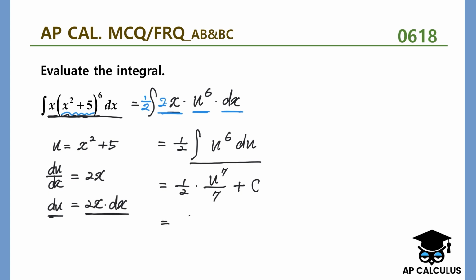So that is equal to 1 over 14. U was originally x squared plus 5. So substitute x squared plus 5 for u, right? So 1 over 14 times x squared plus 5 to the 7 plus c, that's our answer for this integral right here, right?